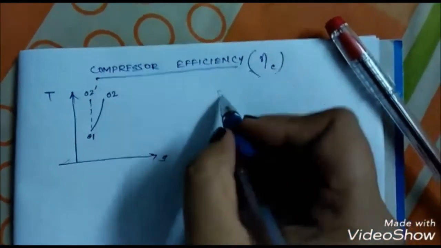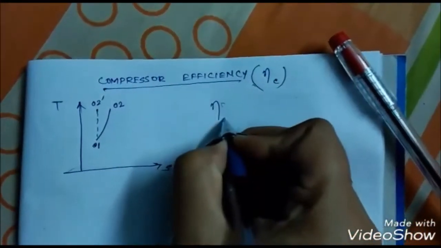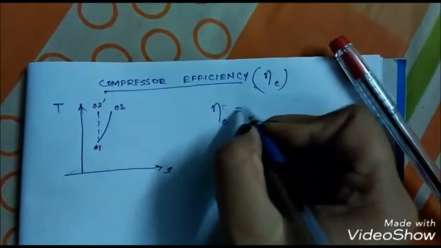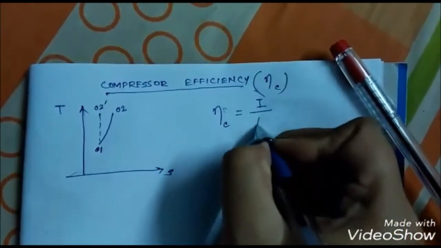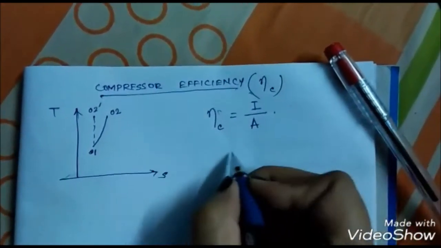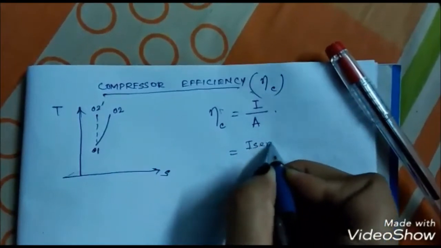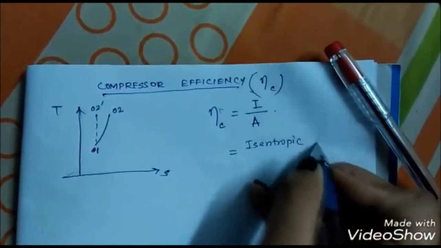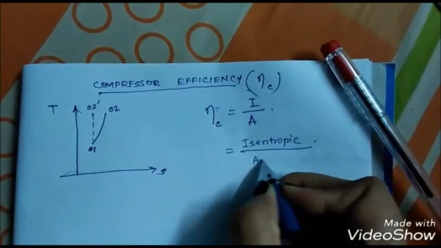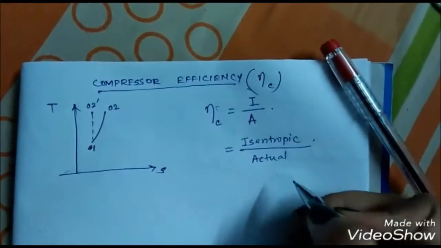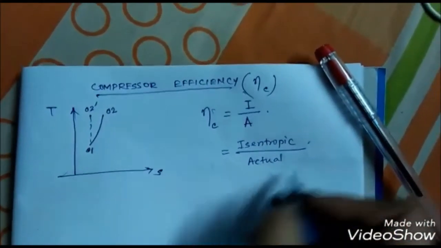Okay, so what is the fundamental formula? I said eta c. Eta c is what? That is ideal by actual. So what is ideal? Isentropic temperature divided by actual temperature difference.